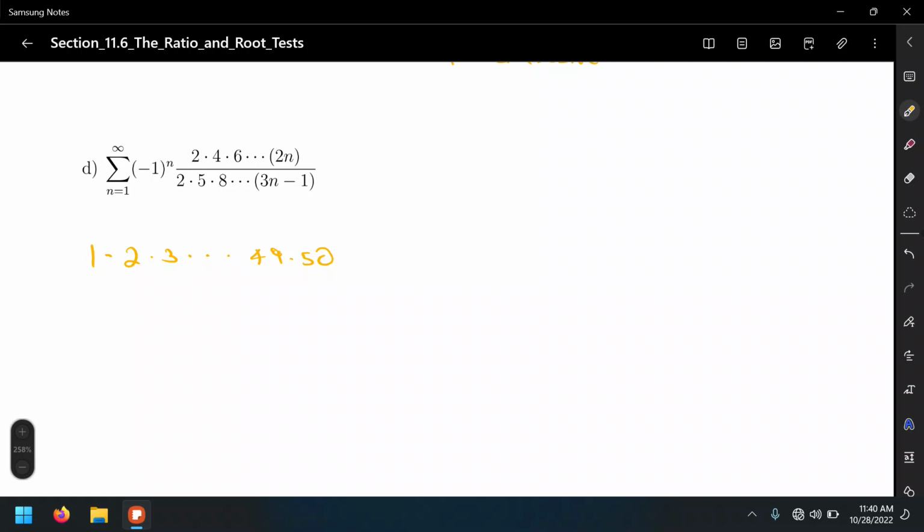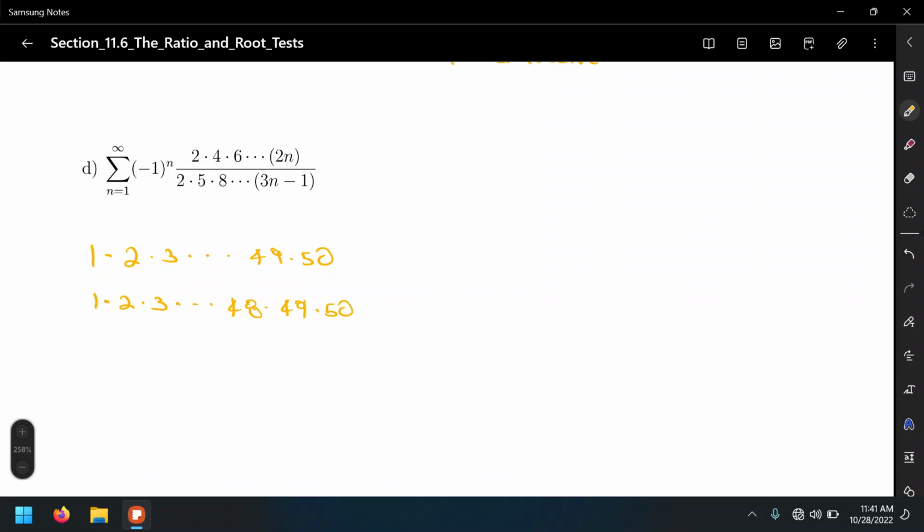I don't care what that value is. We're just expressing this product. But another way to express this product depends on our needs. Maybe I need the 48 to show up, so 48, 49, 50.